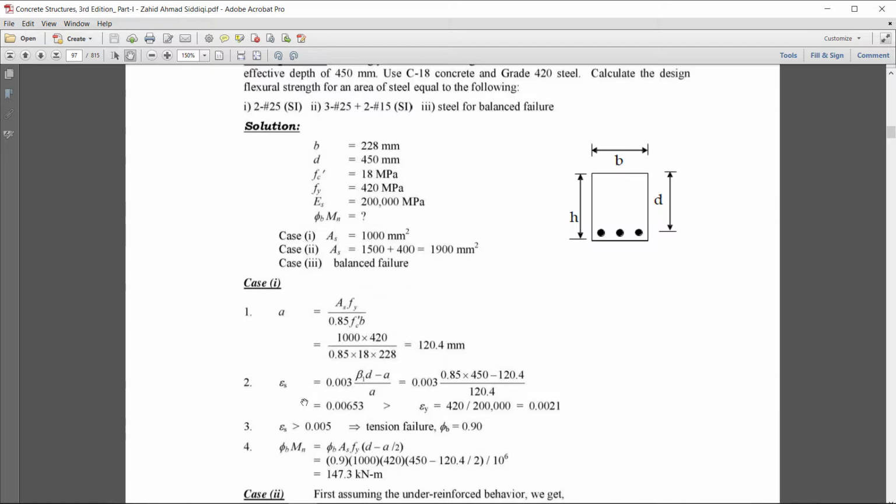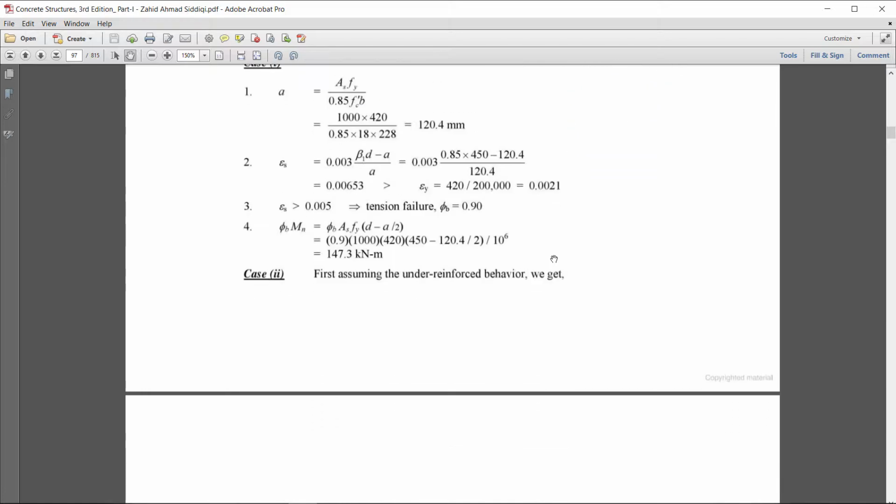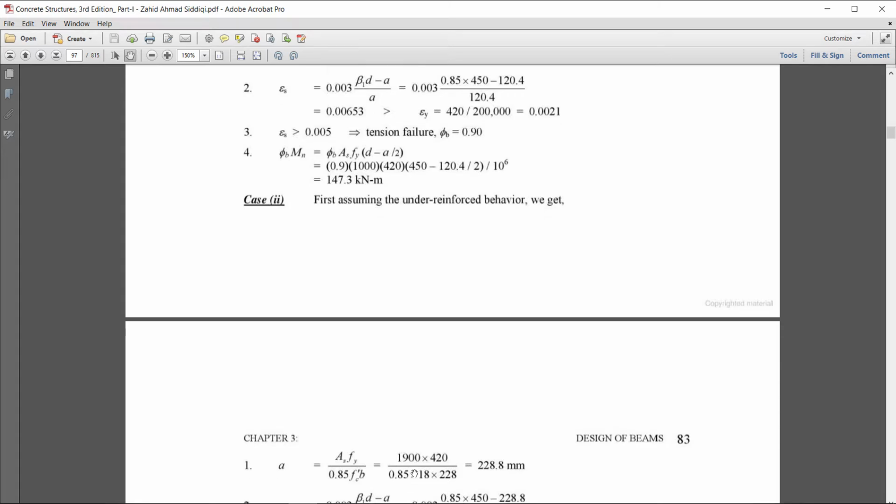Now the second part. With reinforcement area of steel 1500 plus 400, meaning 25 bars and 15 bars. Again, at the start of the second part, we will assume this section is under reinforced. First of all we will calculate a, same procedure, and then we will calculate strain in steel.